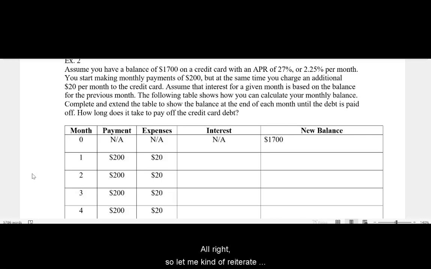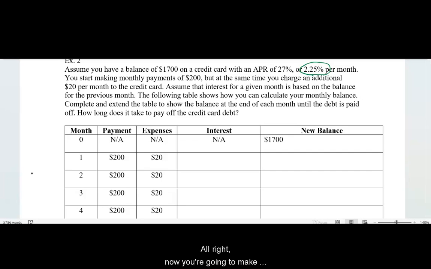All right, so let me reiterate what we just read, but summarize it. You have a balance of $1,700 on the credit card. Your interest rate is 27%, but per month, that would be 2.25%. Since we're looking at our monthly payments, we're going to use the monthly rate.